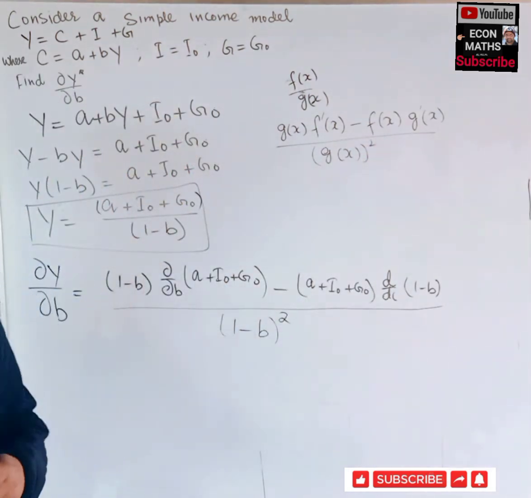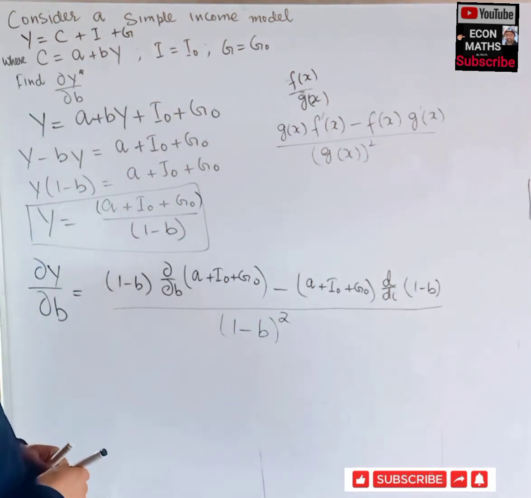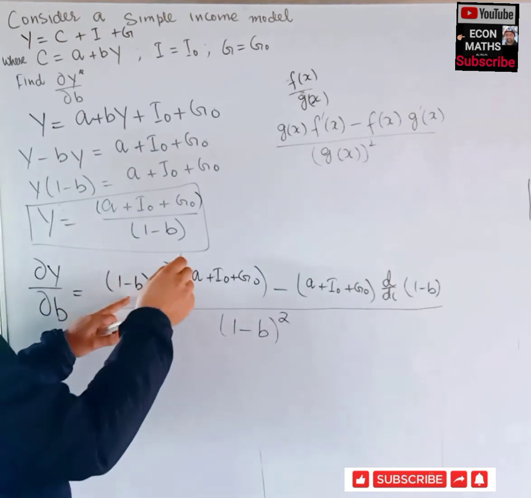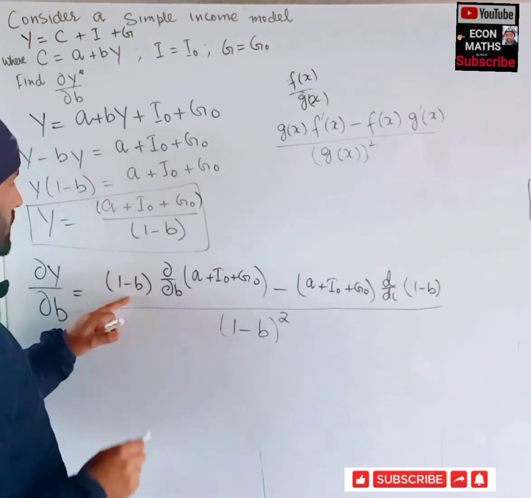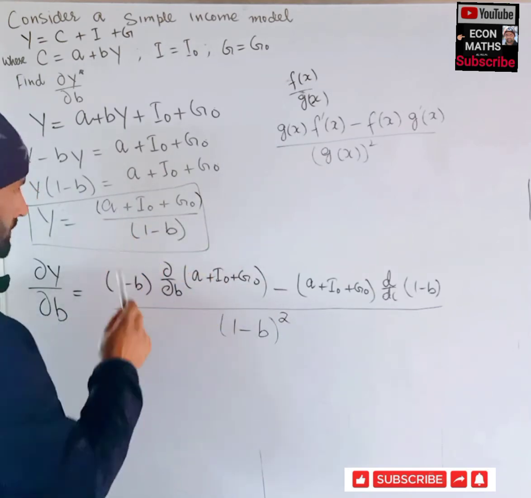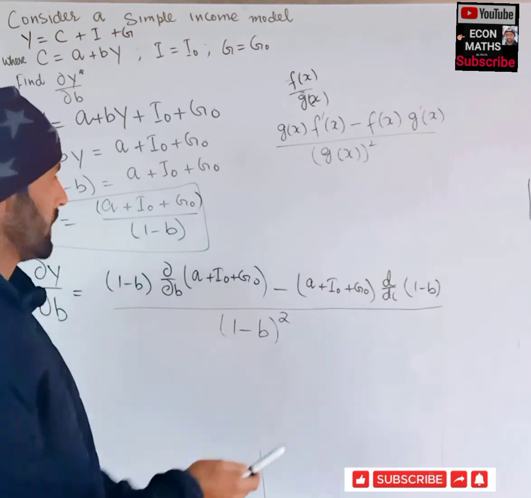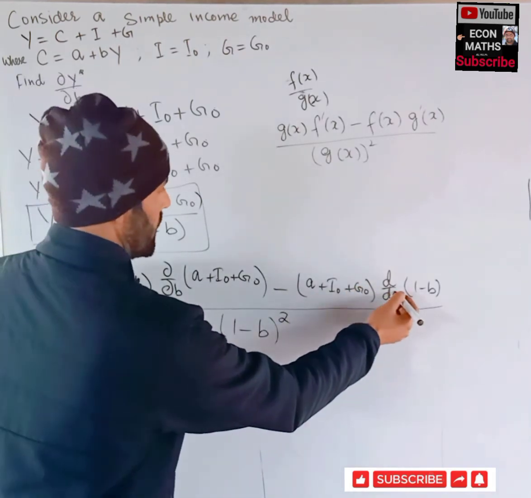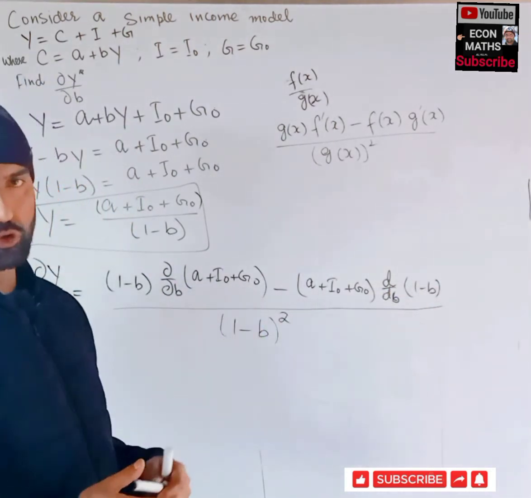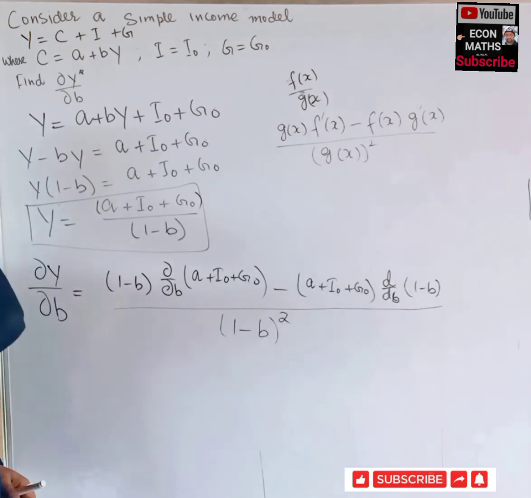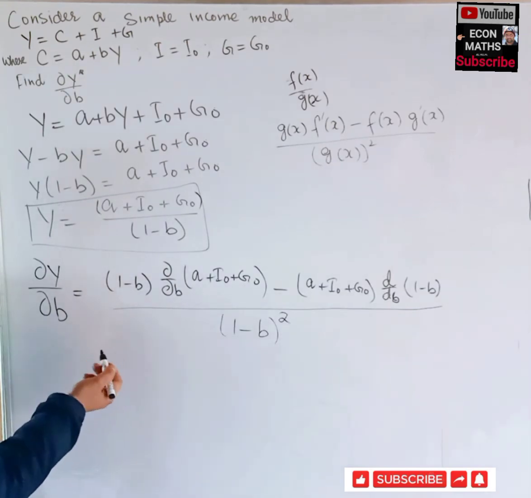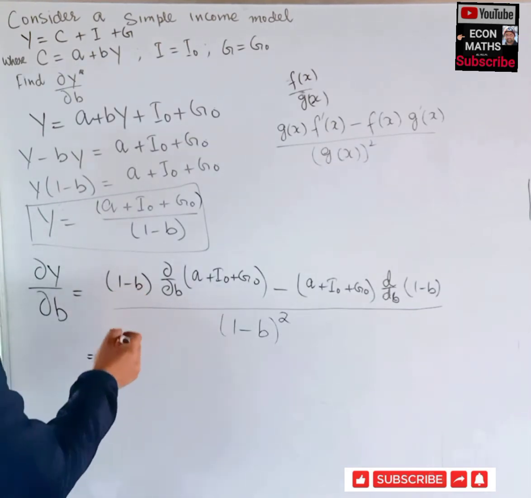What we did here: first we wrote the denominator and differentiated the numerator with respect to b. Then we write minus and write the numerator again, and then we differentiate 1 minus b, divided by 1 minus b whole square. Actually, it is the quotient rule formula. You can see it in the differentiation chapters.